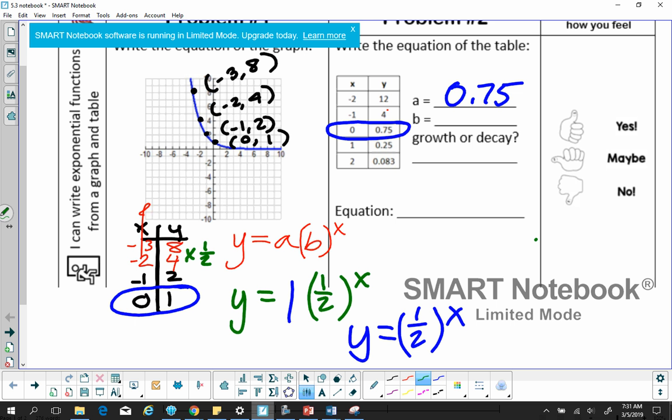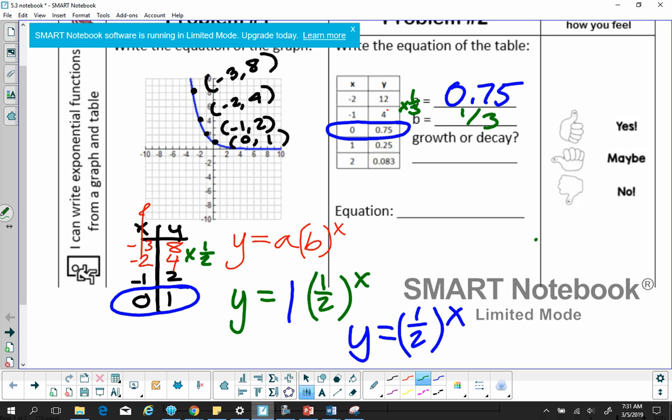It is multiplying by 1/3. So 12 divided by 3, or 12 times 1/3 would give you 4. 0.75 times 1/3 would give you 0.25. I was having a side conversation with Ms. K because 4 times 1/3 would not be 0.75, but that's okay. So our B is 1/3.